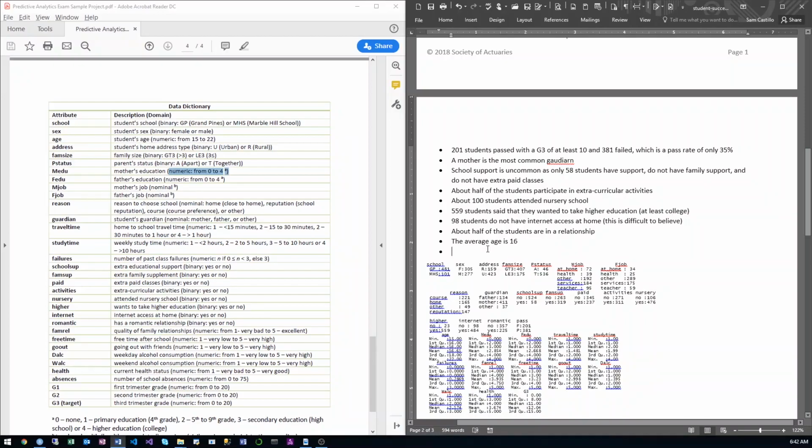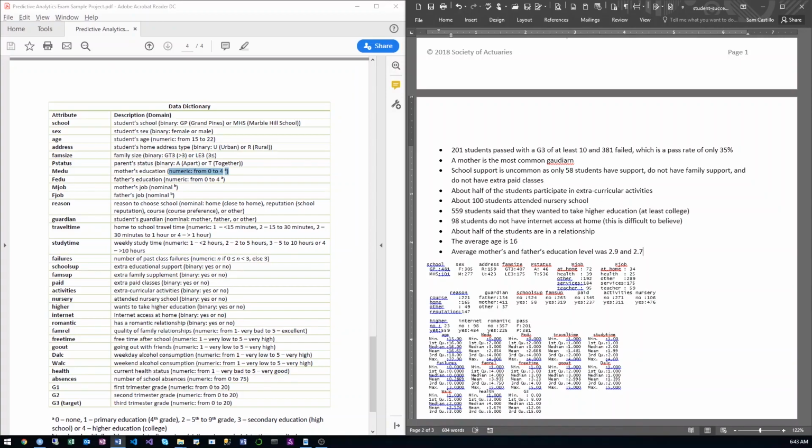The average mother's and father's education level was 2.85 and 2.7. So their mothers are on average more educated than their fathers.